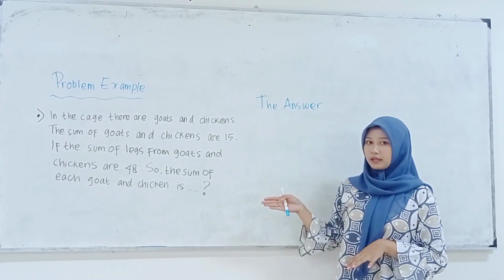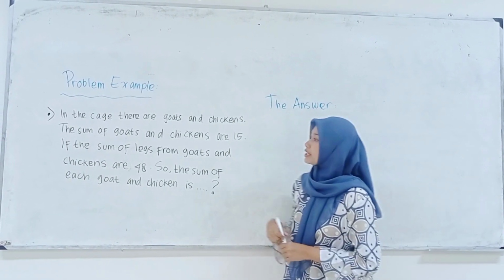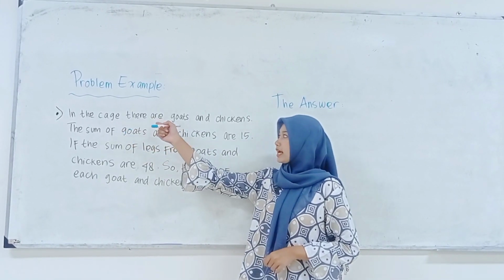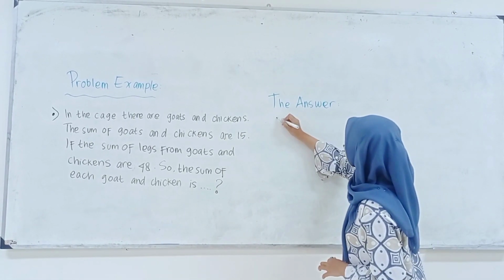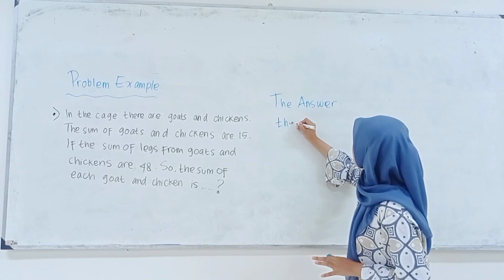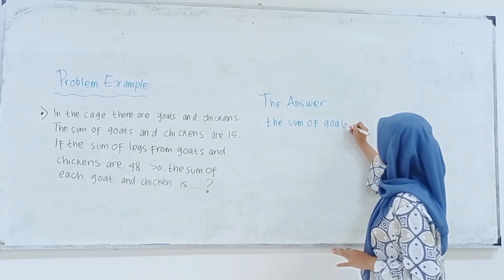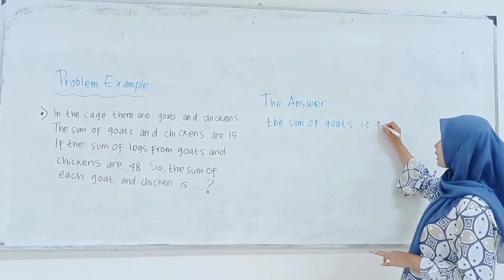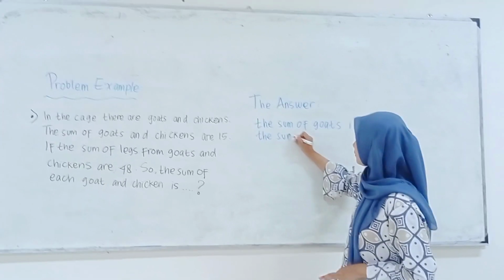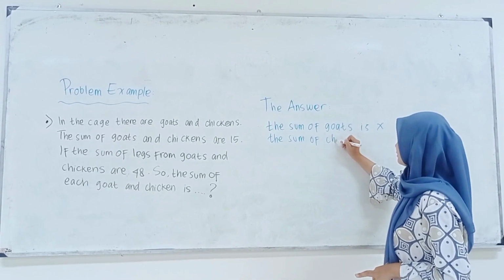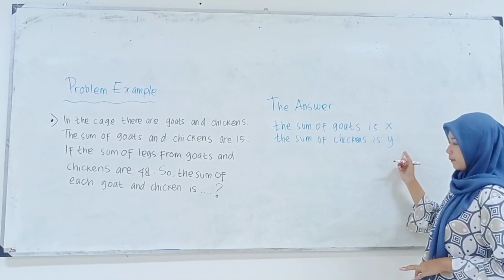To solve this problem, we can pay attention sentence by sentence. Pay attention to the first sentence. In the cage, there are goats and chickens. So we can write the number of goats as, for example, x, and the number of chickens as y.